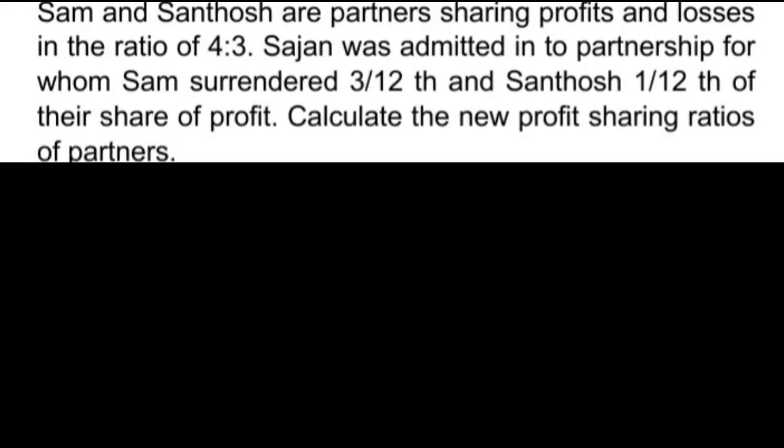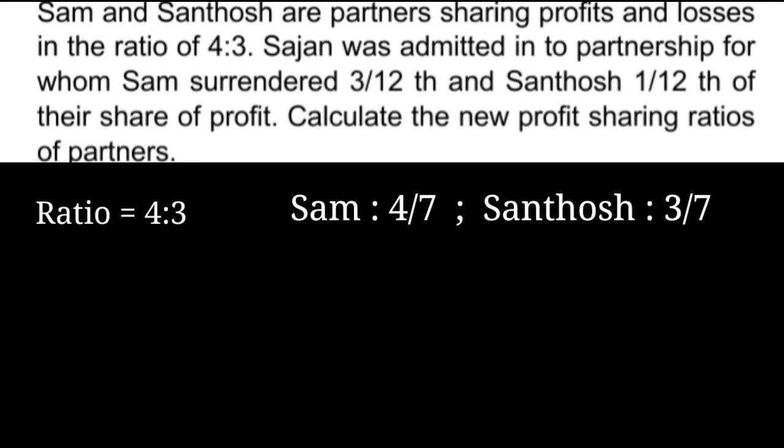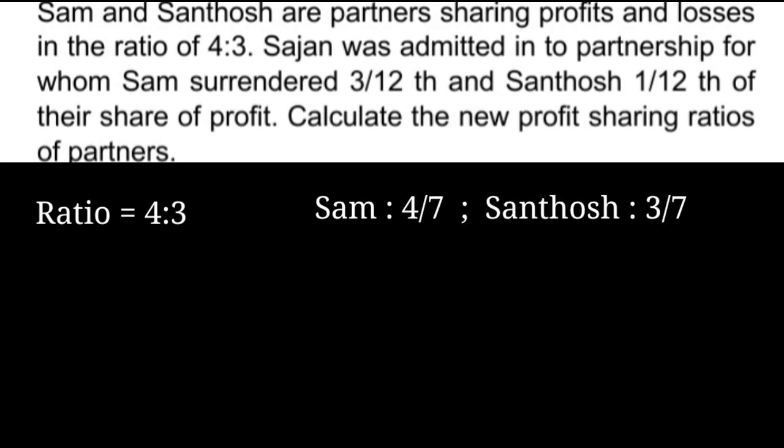Sam and Santosh are partners sharing profits and losses in the ratio of 4:3. Sajan was admitted into partnership, for whom Sam surrendered 3/12 and Santosh 1/12 of their share of profit. Calculate the new profit sharing ratio of partners. In this question, Sam and Santosh are the old partners and their share of profit is 4:3. They admit a new partner, Sajan.